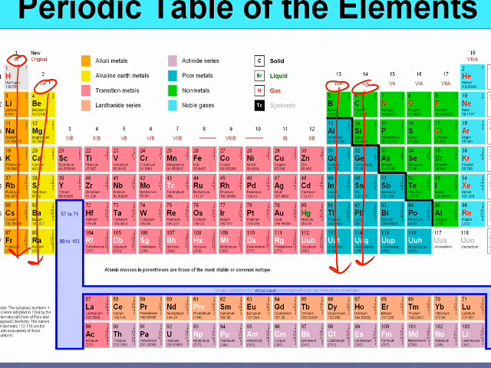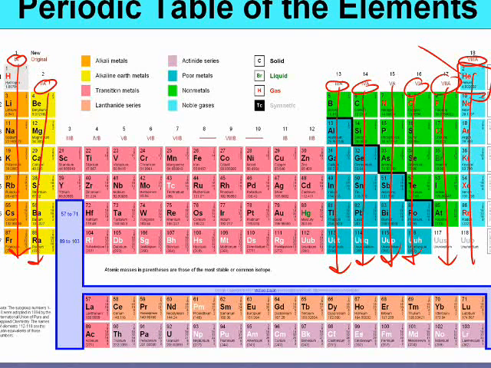4A have 4 electrons in their outer shell. 5A, 5 electrons. 6A have 6. 7A has 7 electrons in their valence shell. So outer shell is valence shell. And 8A have 8, except for helium. Helium is the exception. It has 2 electrons. The reason why it's there is because these are all noble gases.